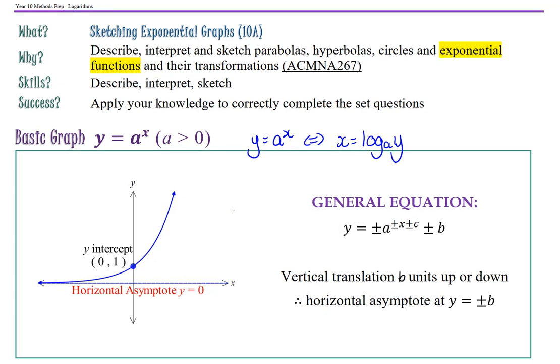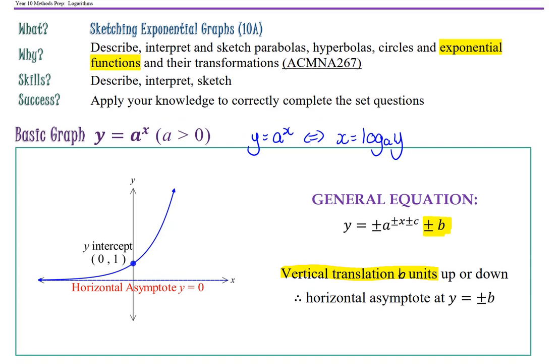Now, we're going to go through each of these translations one at a time, but the key point is because your vertical translation is b units up or down, this plus or minus b, as you know from your other translations of graphs, that means your horizontal asymptote is either being translated up to y equals b or translated down to y equals negative b. So the key feature that we translate in for an exponential graph is the asymptote.